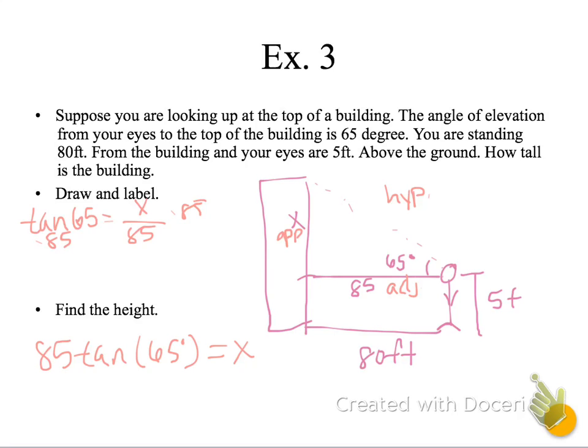So once I plug that into my calculator, I should get x equal 171.6 feet. But their eyesight is 5 feet above the ground, so we have to have 5 feet on top of that because their eyesight starts at 5 feet. So we add 5 to this, and my total height of my building now is 176.6 feet.